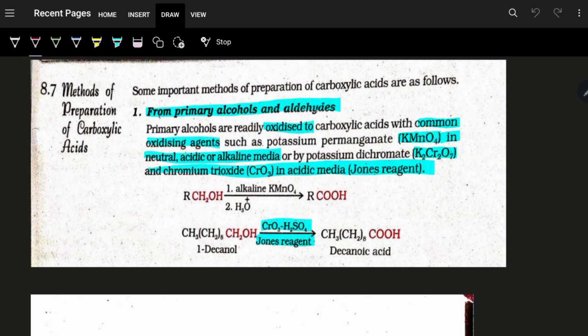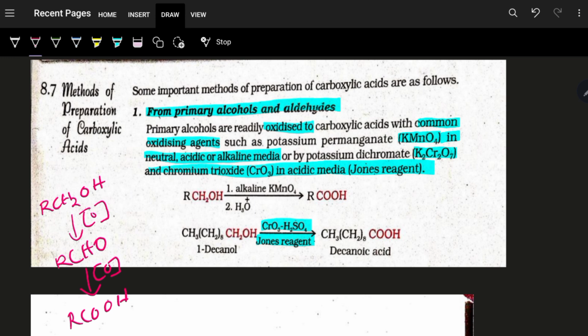Since we know that primary alcohols are 1 degree alcohols, RCH2OH on mild oxidation gives you RCHO, which again on oxidation gives you RCOOH.